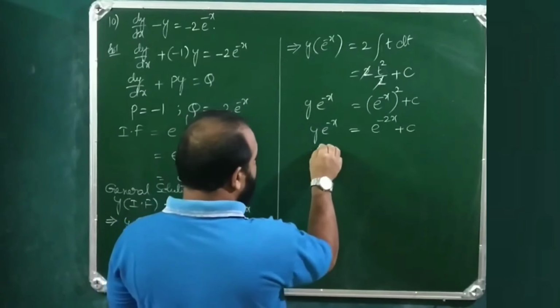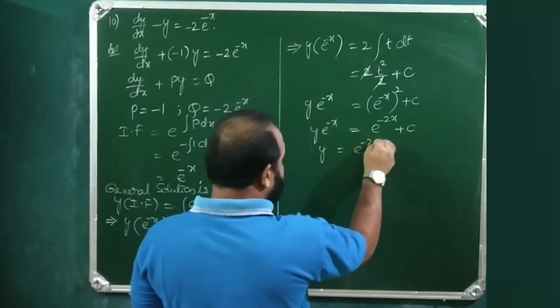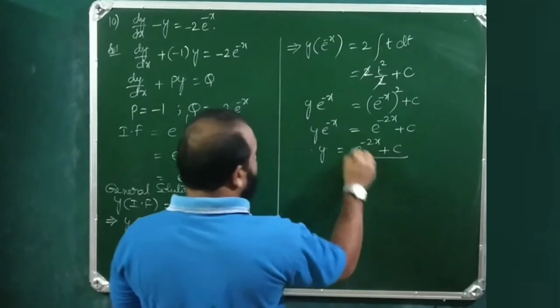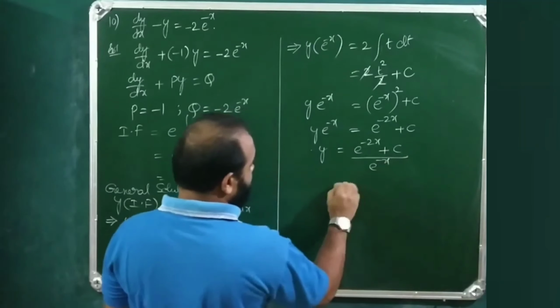Now y is equal to (e power minus 2x plus c) by e power minus x.